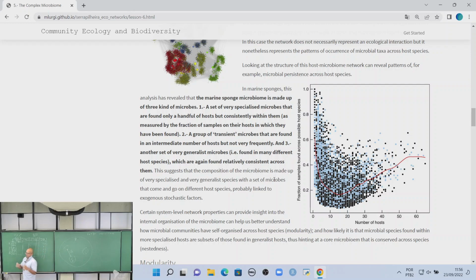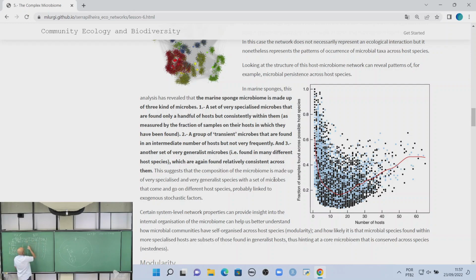And then from each of the samples that you sequence, you can count how many of the sequences that you classified as each of these OTUs you have in your sample. And this is where all of these numbers come from, right?